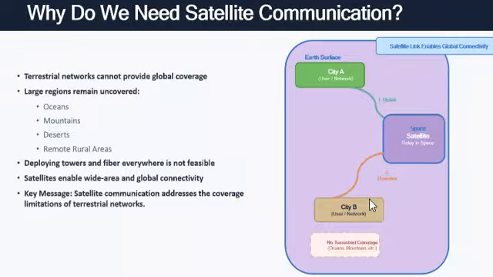Or on the mountains, where people go on hikes and need some coverage, or there are communication bottlenecks. Or the military in the deserts, deployed there, need to communicate very important information.